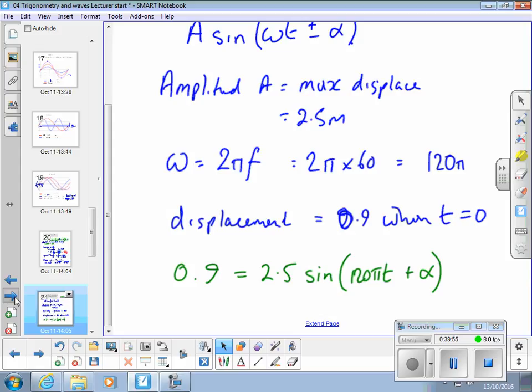And what's this bit when time is equal to nothing? So it's just the sine of the angle alpha. Now can we rearrange that so that we can find the angle alpha?